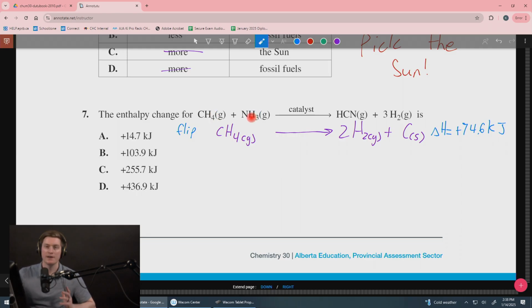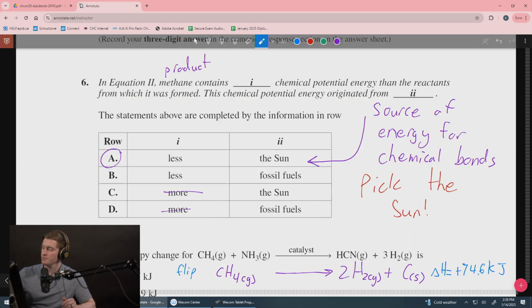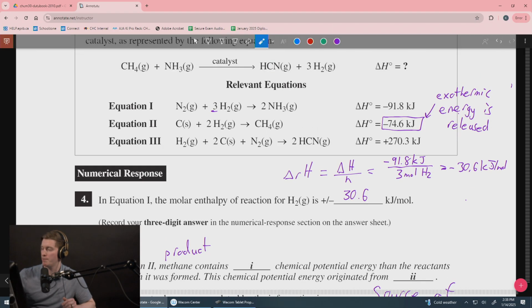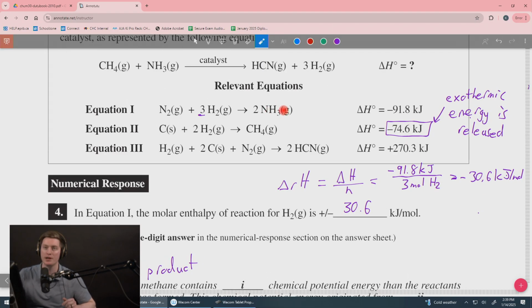The next thing I'm going to find is my ammonia. So I'll look back at my reactions here, at my puzzle pieces. I have ammonia in equation number 1. Again, it's on the product side. I want it on the reactant side. So I'm going to flip this reaction. But not only am I going to flip it, this reaction has 2 moles of ammonia, and I only want 1 mole of ammonia. So I'm going to flip it, and I'm going to halve it.